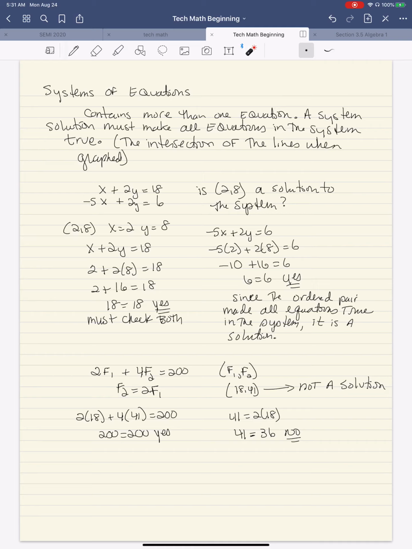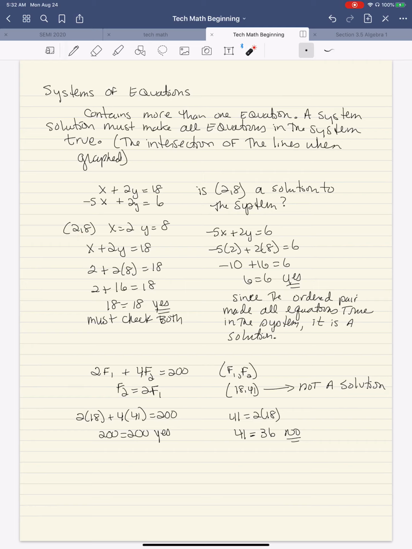So let's say I have this system, x plus 2y equals 18, and minus 5x plus 2y equals 6. I want to know, is the ordered pair 2, 8 a solution to the system? In order for 2, 8 to be a solution, I have to substitute 2 for x and 8 for y in both equations, and they have to both be true.